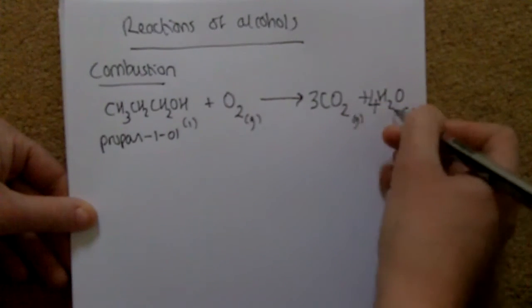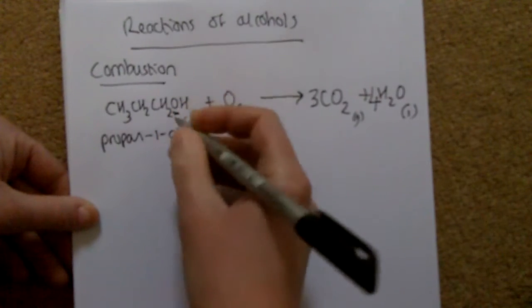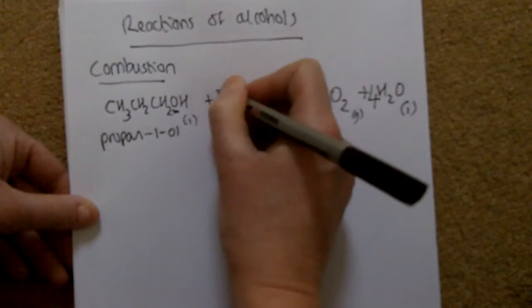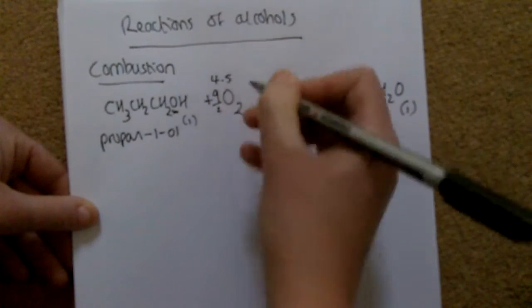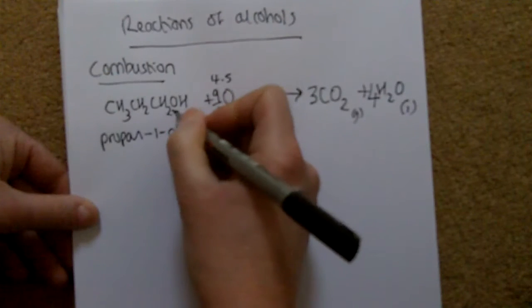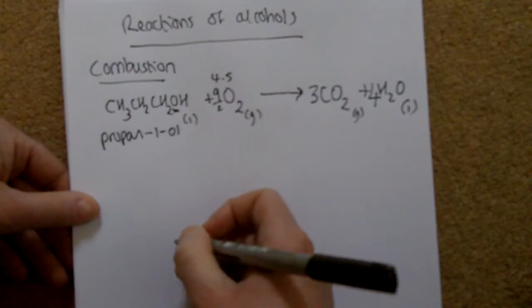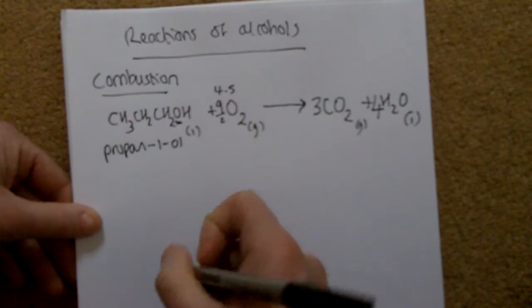We need 10 oxygens. Now do not forget there is an oxygen here, 1 oxygen, so you only need 9 oxygens, so you can either put 9/2 or 4.5. Okay, it's very easy to forget this oxygen here, and this is the complete combustion of an alcohol.